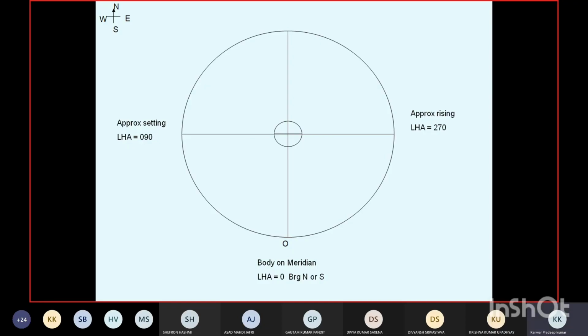Remember, I am not saying bearing 90 or bearing 270. I am saying LHA. Rising bearing will be 90, setting bearing will be 270, but we are saying LHA. LHA is measured westwards from the observer. Here LHA is 180.